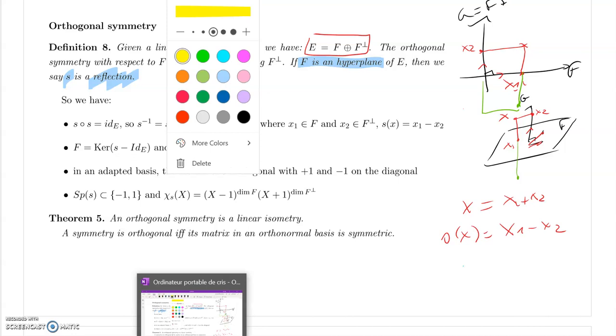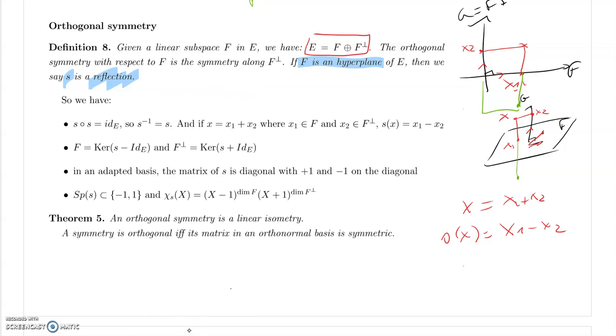So what are the important points here? The basic characterization of symmetry is that if you square it, if you apply it twice, you're back where you started. That is always true, not especially for the orthogonal one but in general: S composed with S is equal to the identity.